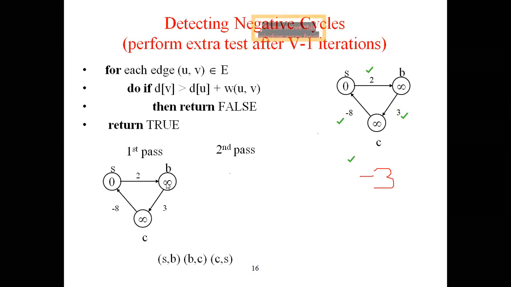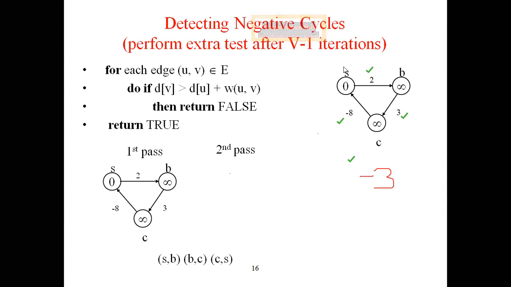S to B is one edge, B to C is another edge, and C to S is another edge. Three edges are there in the graph. Suppose we perform the first relaxation. S is the source vertex, so d[S] is 0.